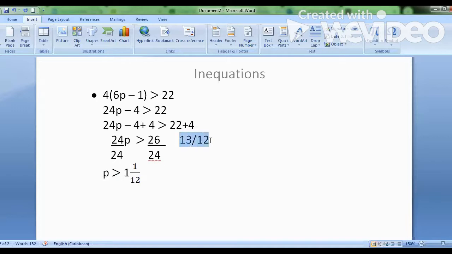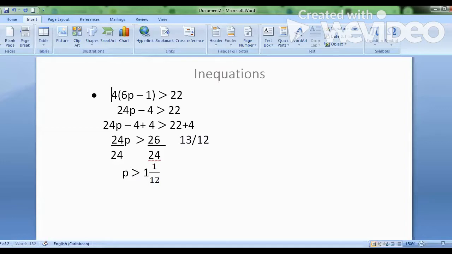Sir, I am lost. This would work, and this would work. All right. What's the problem? All right, so you say you use the distributive law. You said 4 times 6 is 24, so 24p minus, back the 4 outside the bracket.